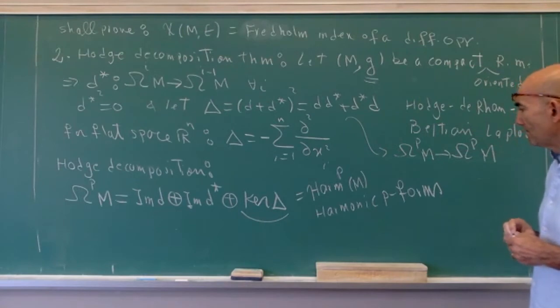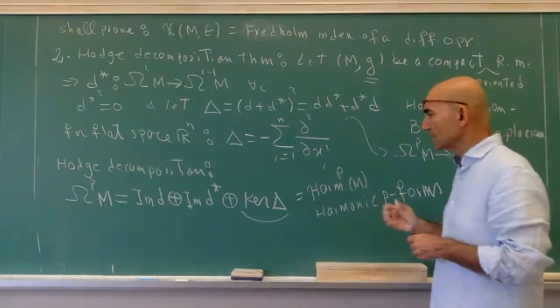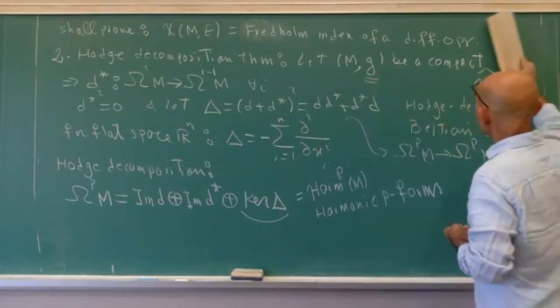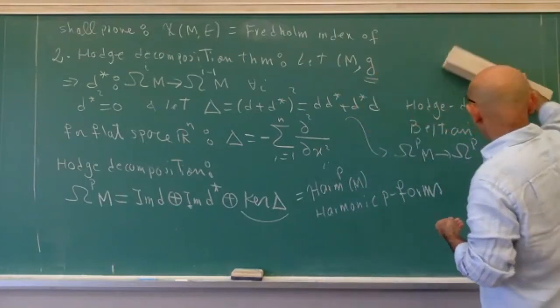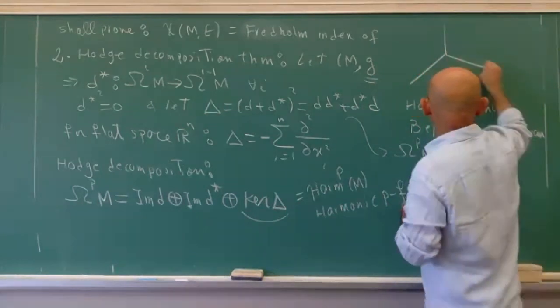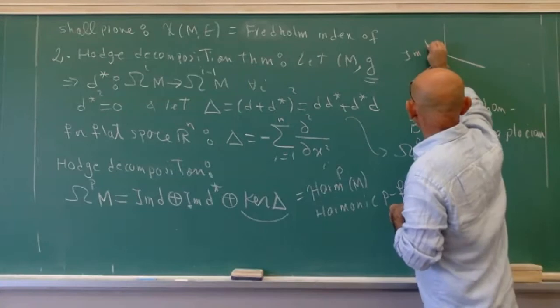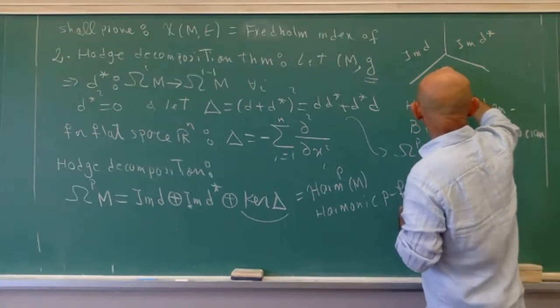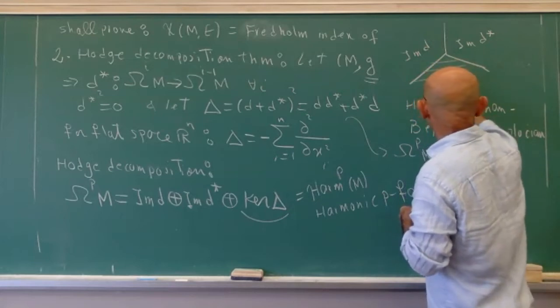So what does this result say? The mental picture to keep in mind is that there is a decomposition like this: image of d, image of d star, and here is just the space of harmonic forms.